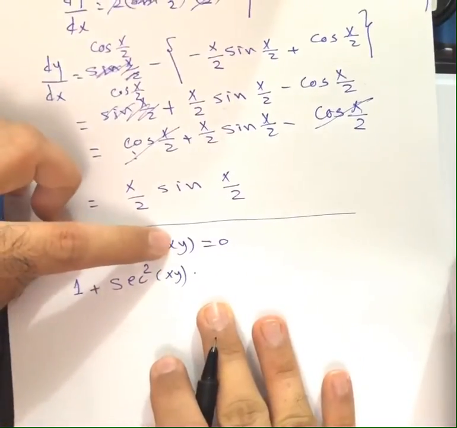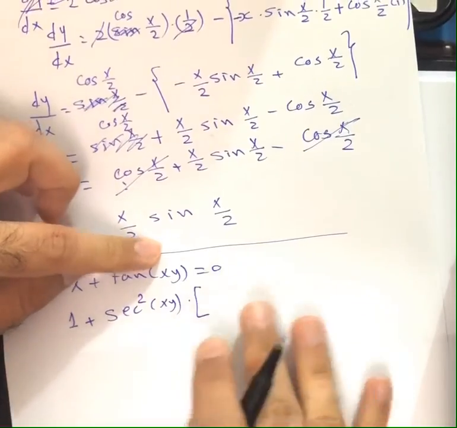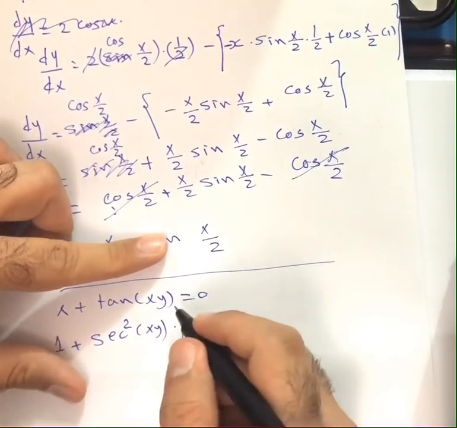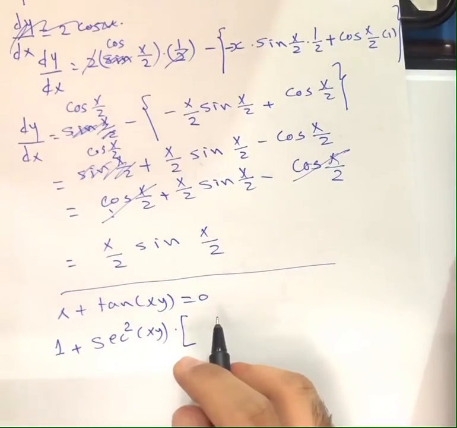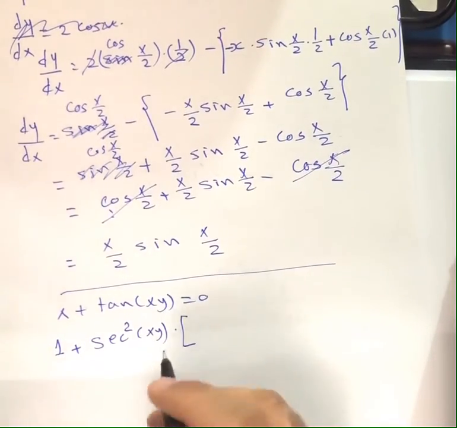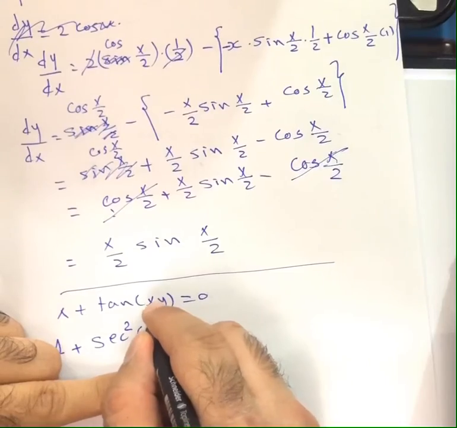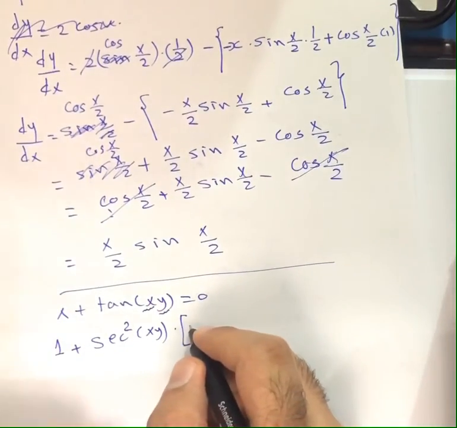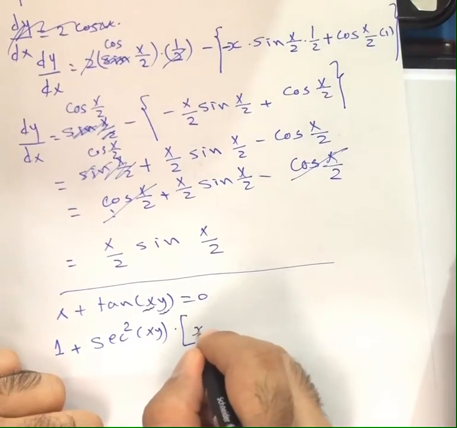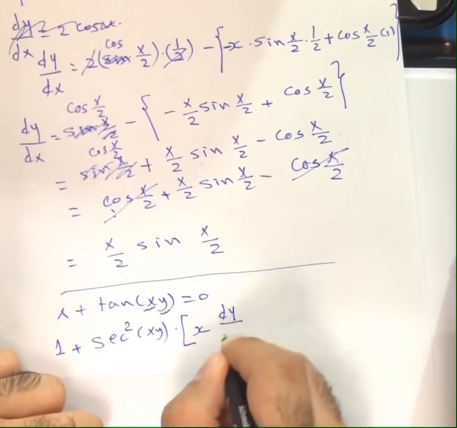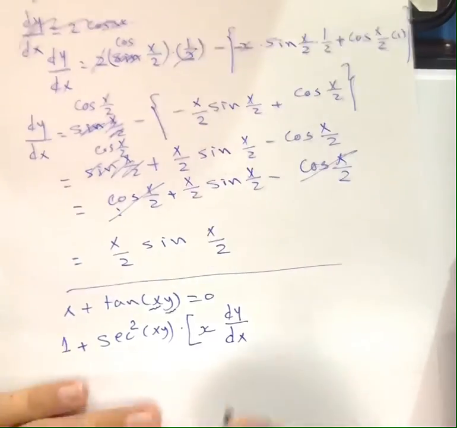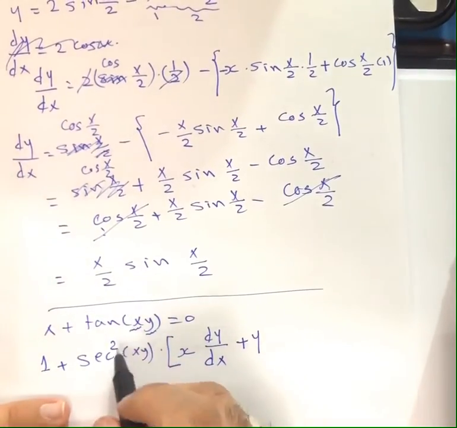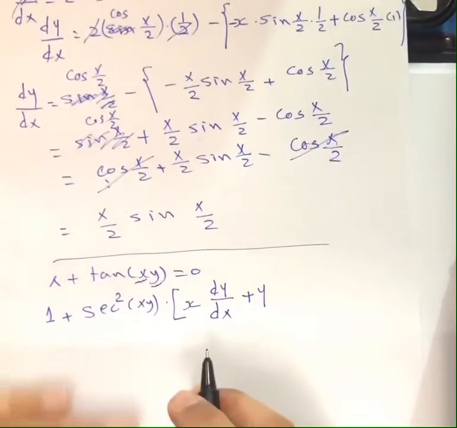Now this is the angle, and its derivative is the first function multiplied by the second function, and we should keep in mind that we differentiate with respect to x. This is the first function, this is the second function, so it will be something like this: the first function x times the derivative of the second function, dy by dx, plus the second function, which is y, multiplied by the derivative of x with respect to x, which is 1.